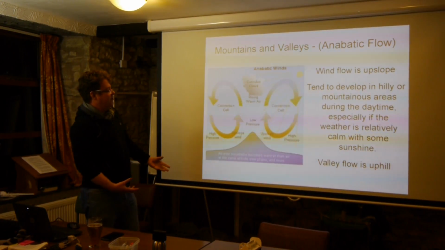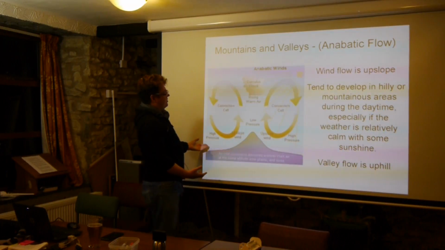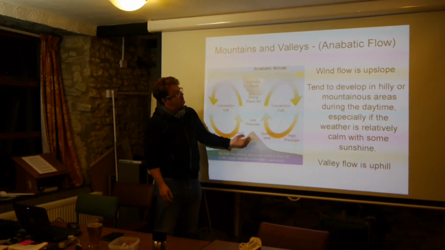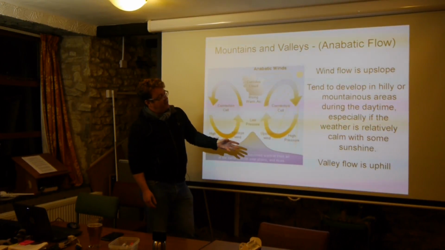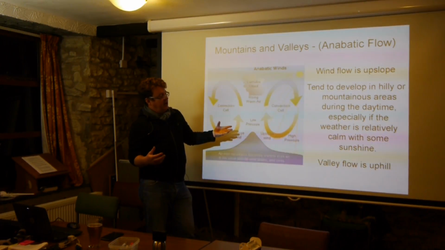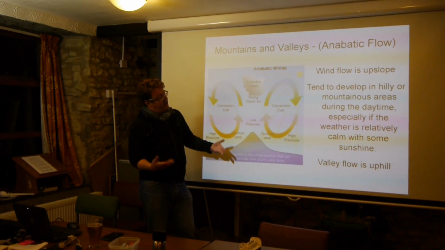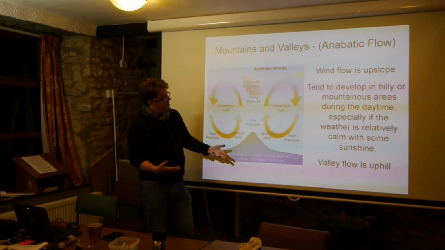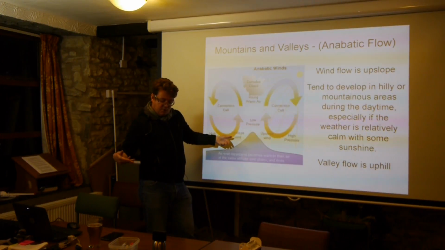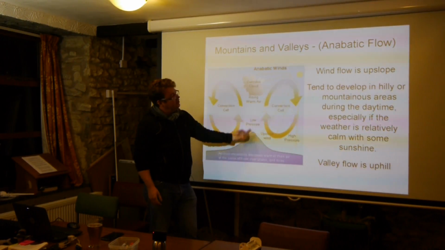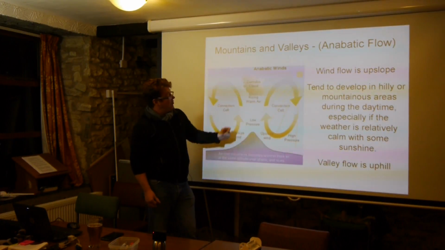And this results in, as well as up the mountain sides, this anabatic flow. You also end up with, in the valleys surrounding the mountains, a valley flow, basically, which is air that is pushing in to replace the air that's rising up the slopes.